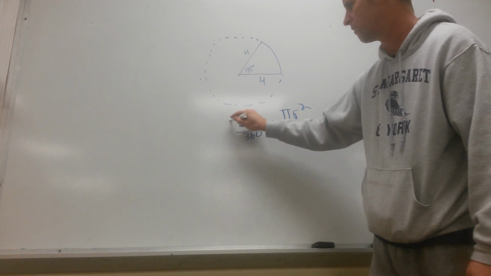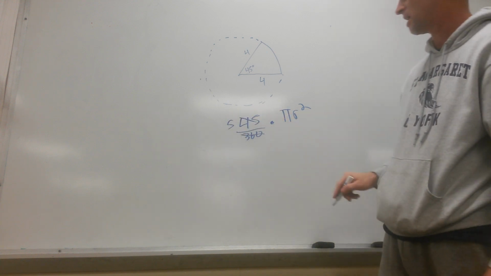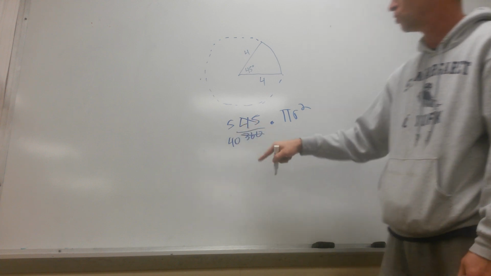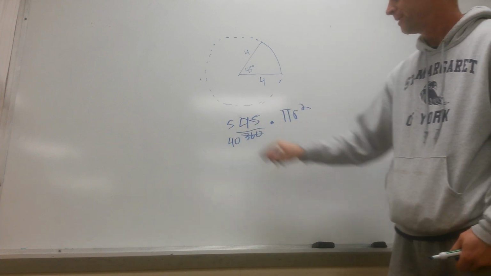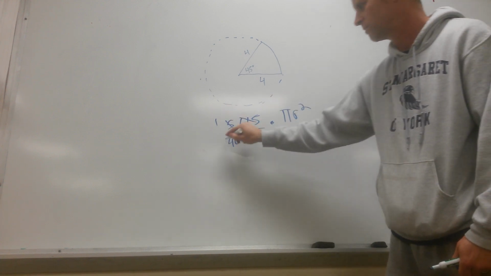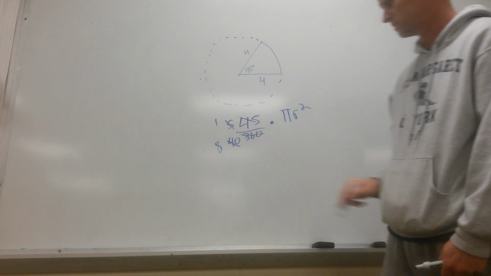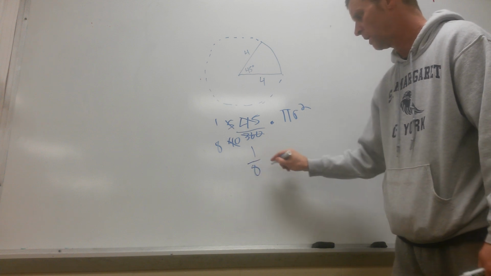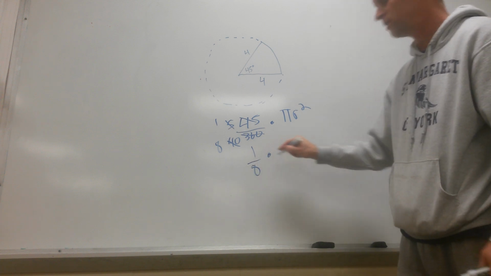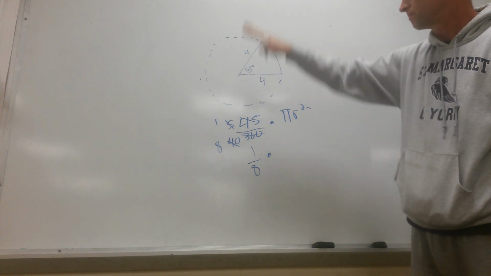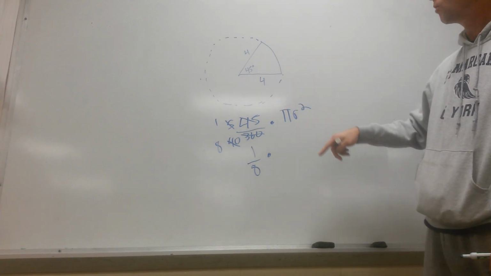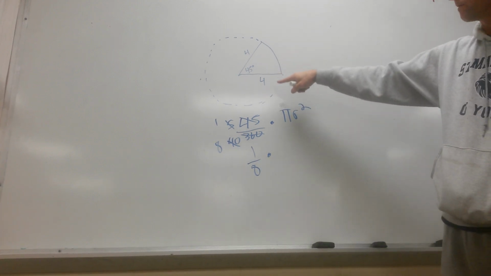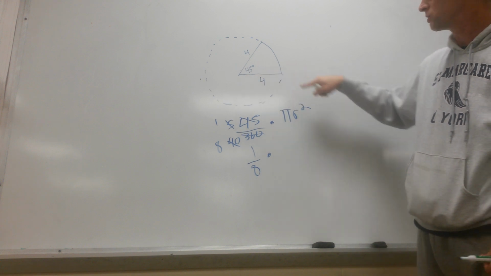9 goes into that 5 times. 9 goes into that 40 times. Ooh, we could reduce it even further. 5 goes into that once. 5 goes into that 8 times. Okay, so we have 1/8 of the whole circle. What would be the area of the whole circle? It would be pi r squared.